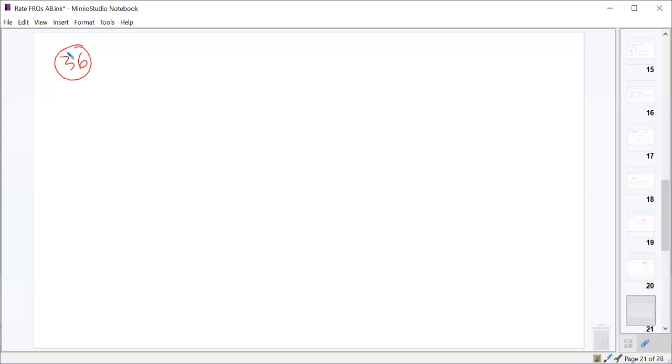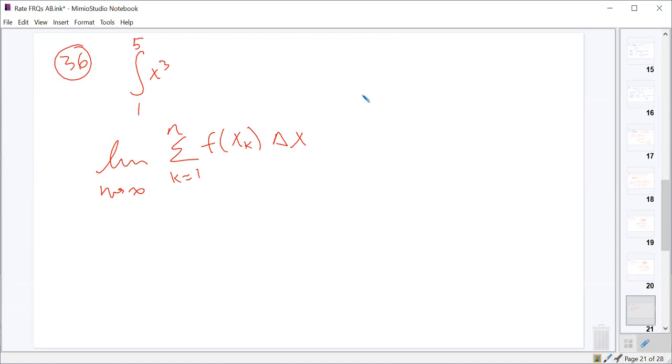36. So 36 says choose the Riemann sum whose limit is the integral from 1 to 5 of x cubed. Well, we know that it's always the limit as n approaches infinity of the sum from k equals 1 to n of f of x sub k times delta x.